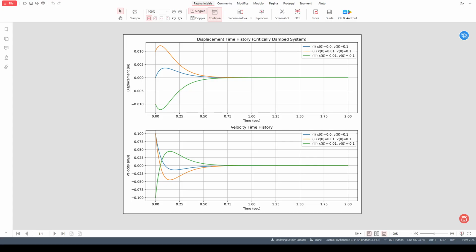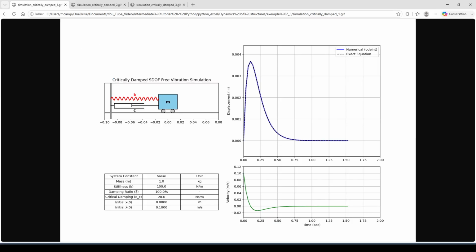We can also see a simulation for the first case. So the displacement is 0 and the velocity is 0.1.